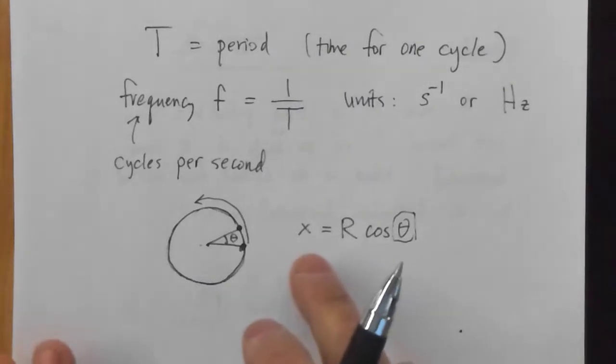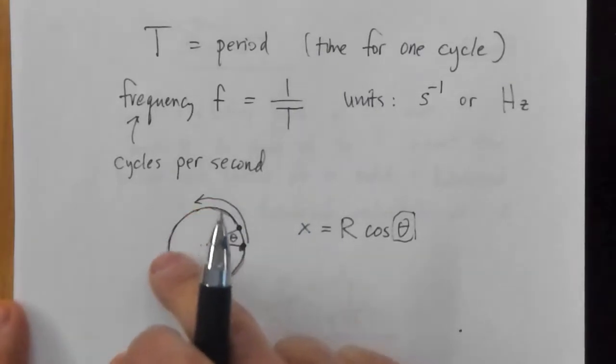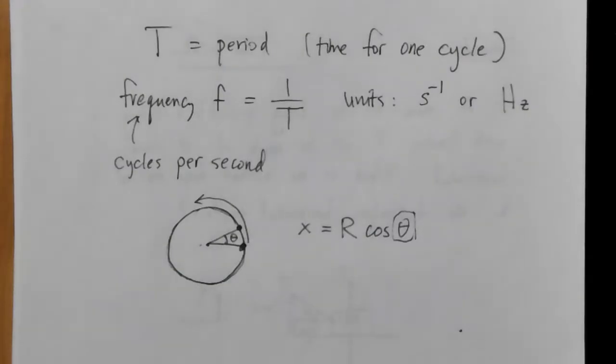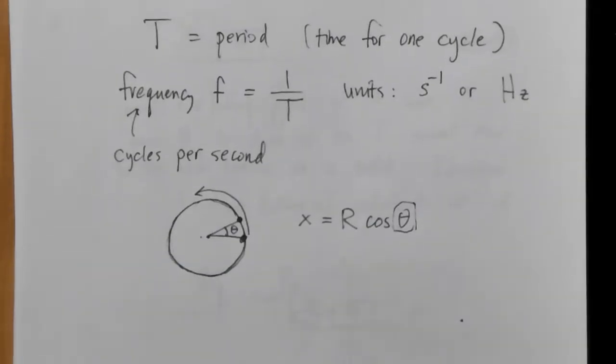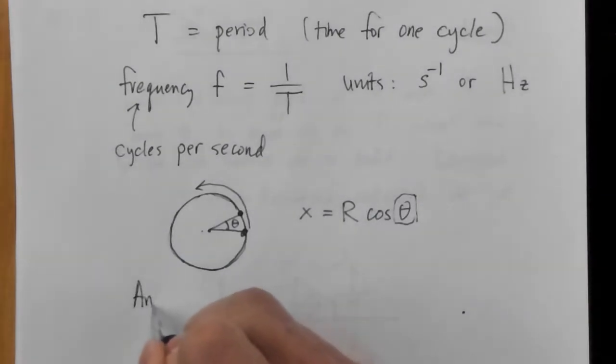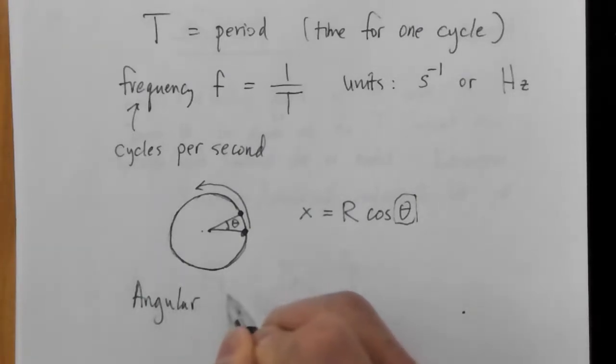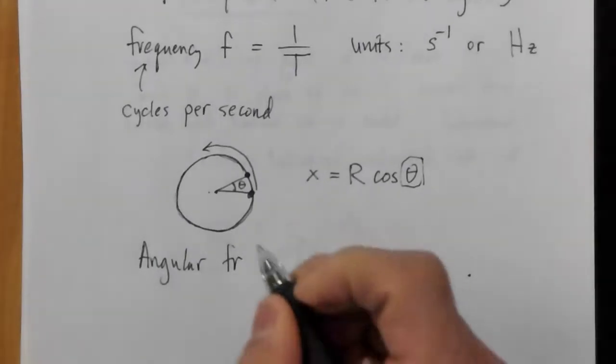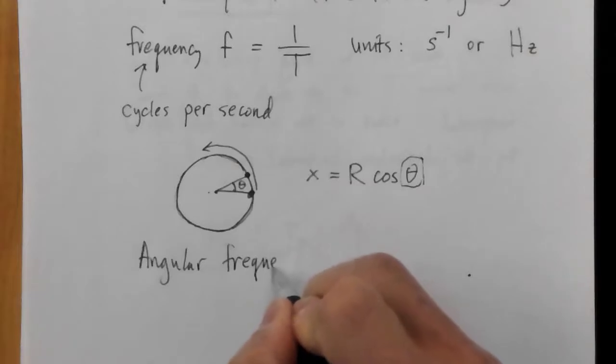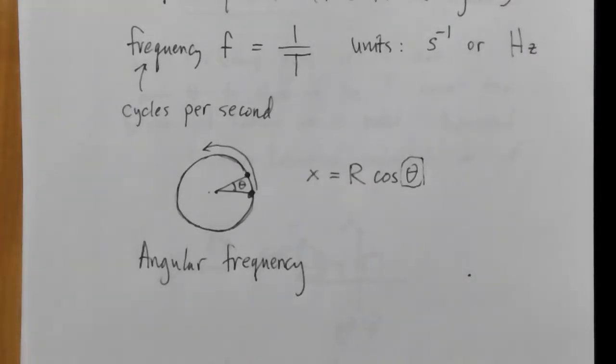Now, because I can think of this as an angle to describe the oscillation, we're also going to define what's called an angular frequency. So in other words, as I go through one cycle, the angle will go through 2 pi radians.